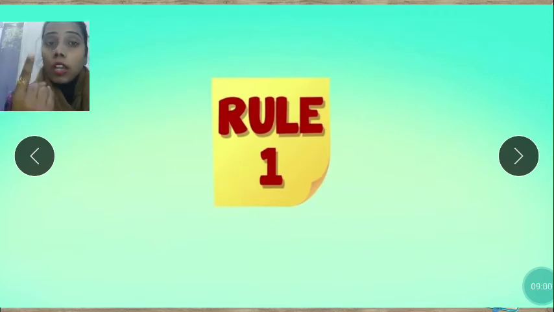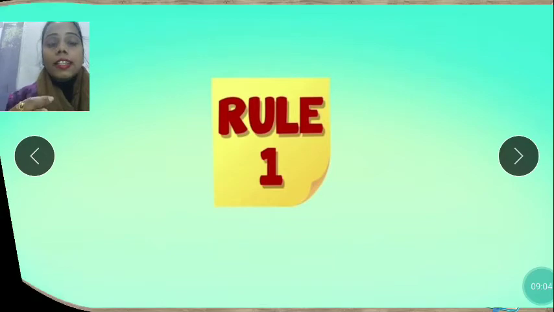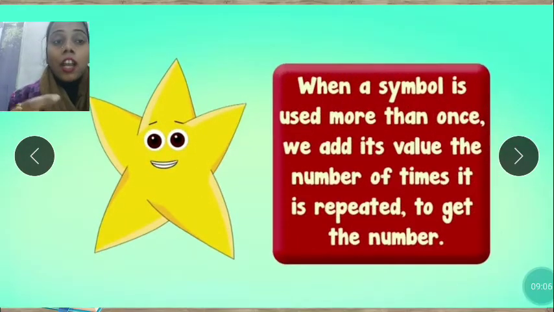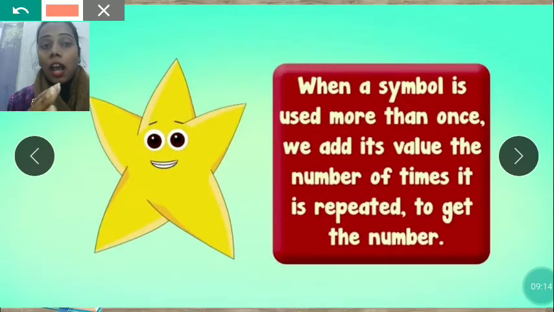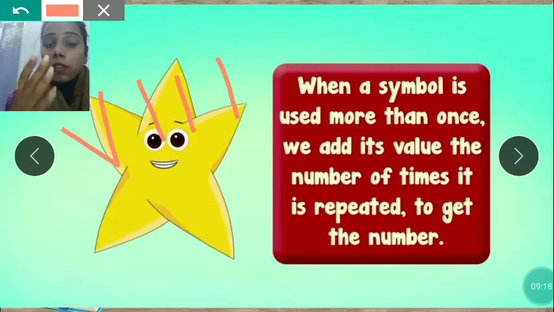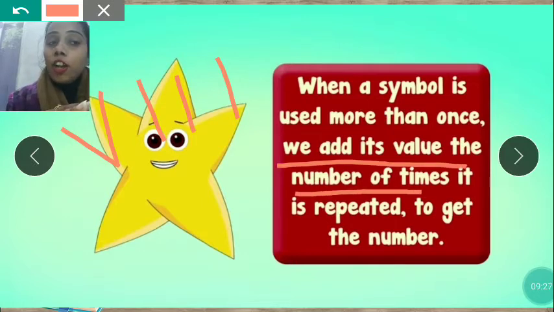So let's begin with the rules. This is rule number 1. What does rule number 1 tell us? It tells us, student, that when a symbol is used more than once, like if we are using I for writing 8, where we use V and then I, we add its value the number of times it gets repeated.